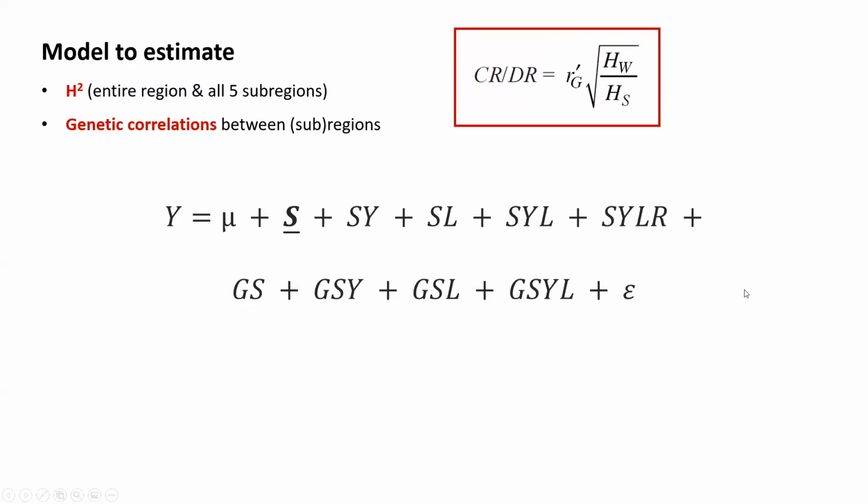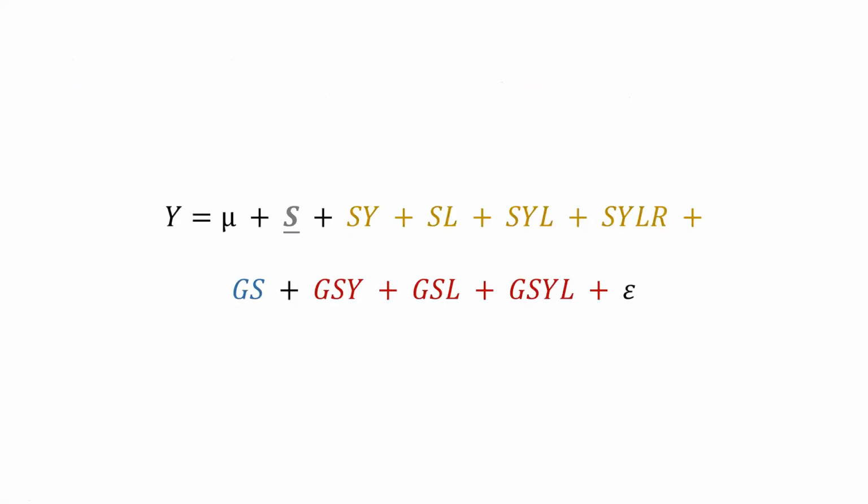So in our model, we get a couple of terms. We get the subregion, we get the year effect, we get the location, we get the replication, and we get the genotype and a couple of interactions. It's not important to look in detail at that model, but I want to show you what in essence we're doing here. So we're defining the mega environment as a fixed effect, as a reoccurring effect.